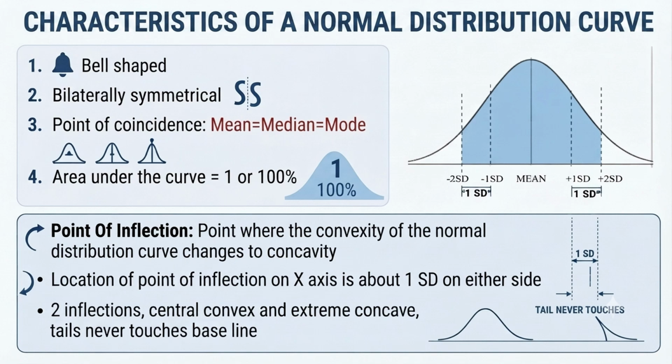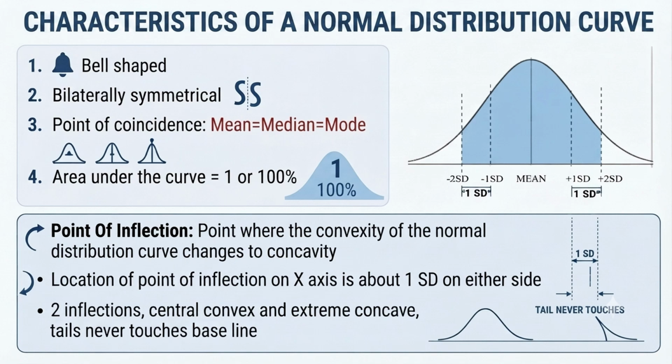The exact location of this point of inflection on the x-axis is at one standard deviation. One standard deviation means two sides: on the left side it is minus one standard deviation, and on the right side plus one standard deviation. At one standard deviation on the x-axis, the convexity is turning into concavity.